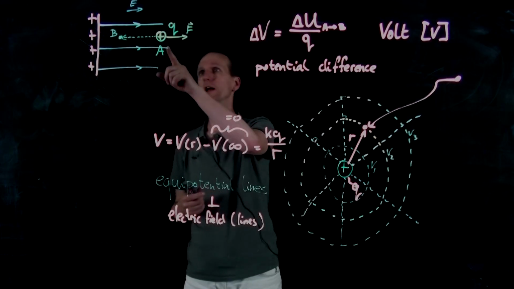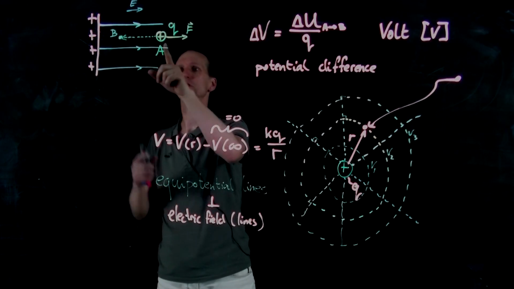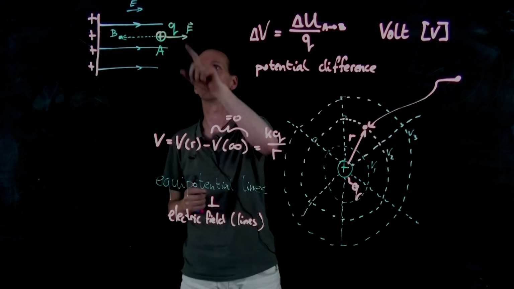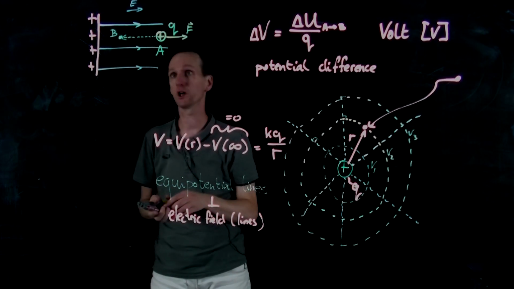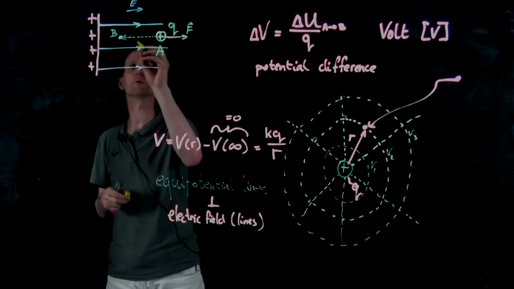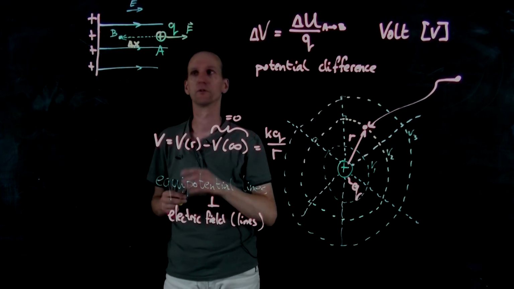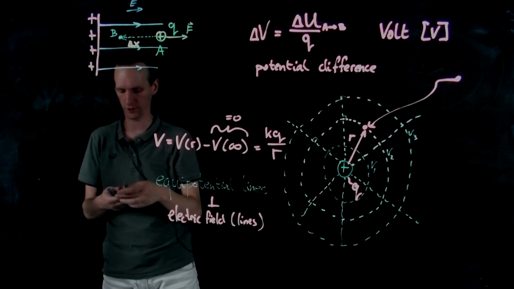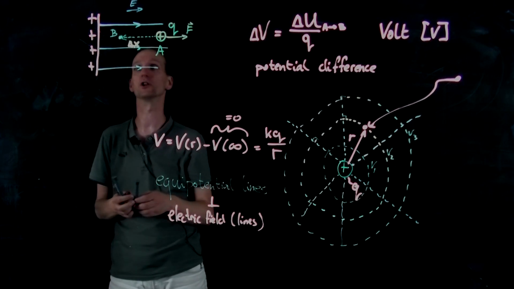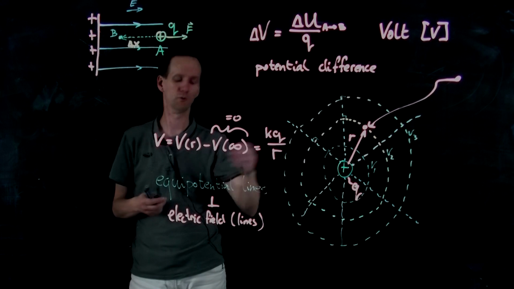Now let's look again at the particle Q that we are moving from position A to position B here. Say the distance over which we move the particle is equal to a certain distance delta x. In this case we can also draw the potential lines like we've done here.